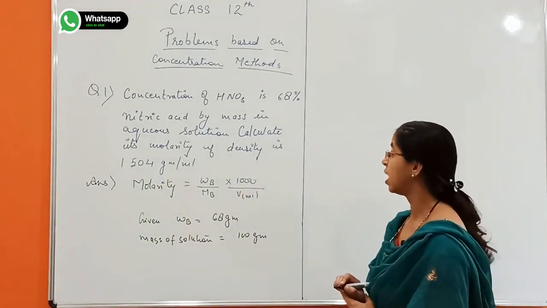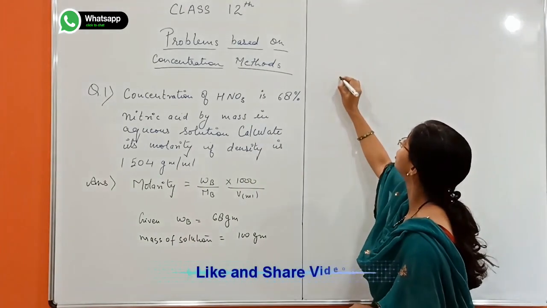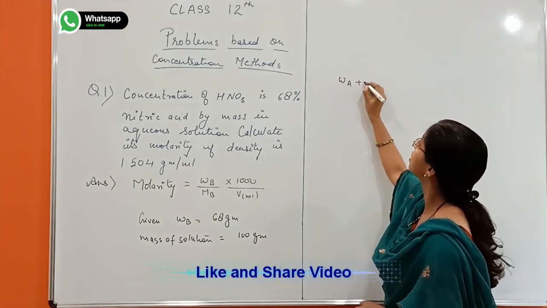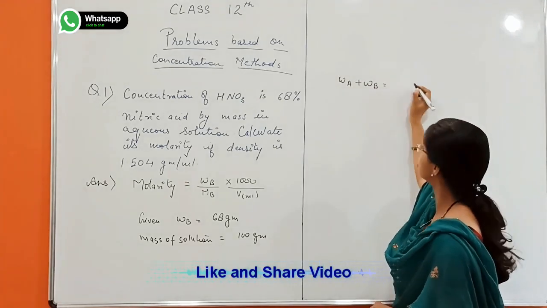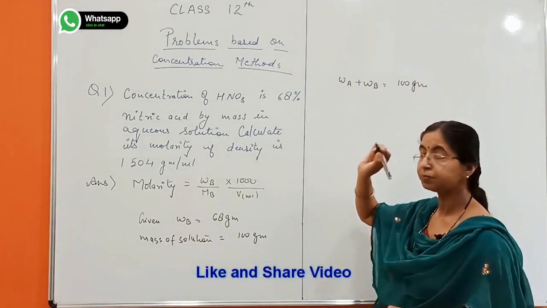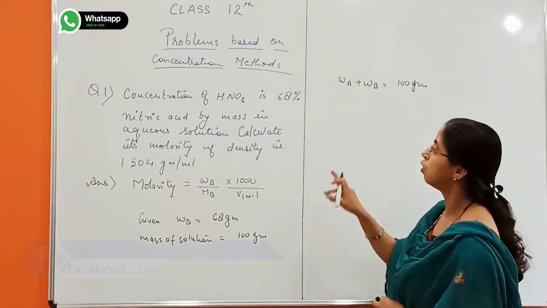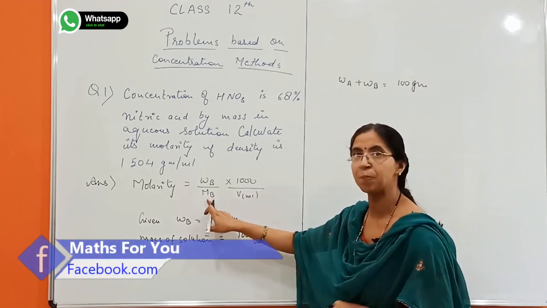So WA plus WB is equal to 100 grams, because it is the total solution. Now, what you need here is MB.